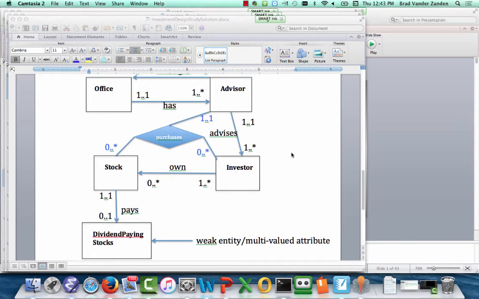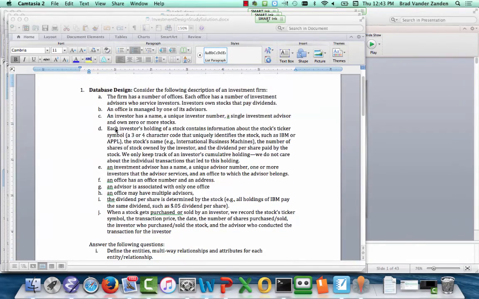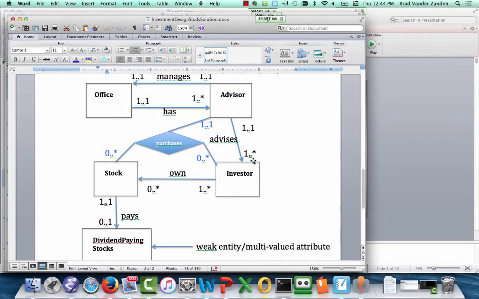Okay. So what I wanted to finish up with from last time was the end of class. I said that this holding item, where each investor's holding of a stock contains information about the stock's ticker symbol, the stock's name, and the number of shares that they've accumulated.